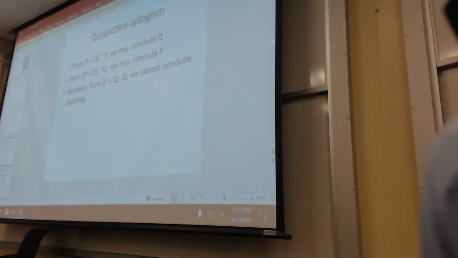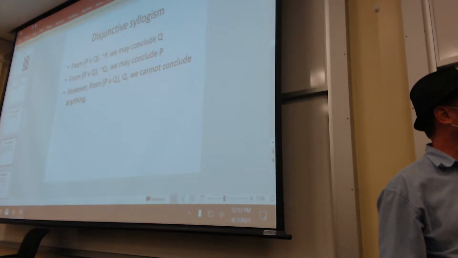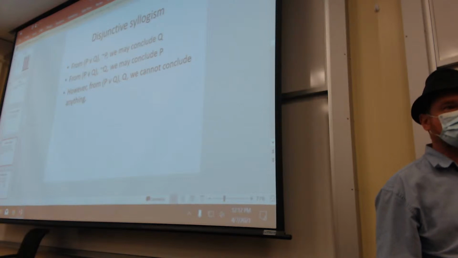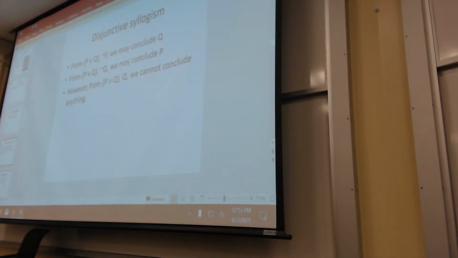Or to say it differently, when we say or, basically I'm saying either this is true or that is true. One of these two things has to be true. If I tell you one of these two claims has to be true, and we also figure out that one is false, whatever one we're left with must therefore be true. And it works with either side.